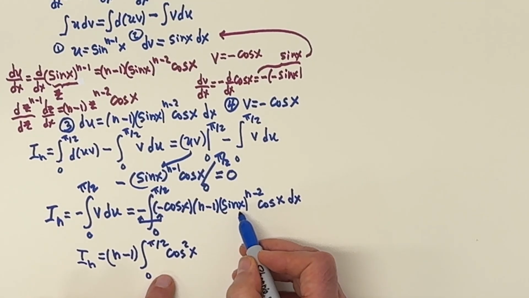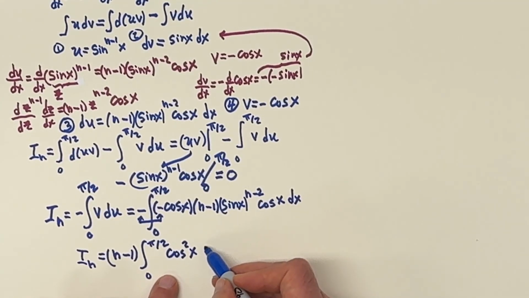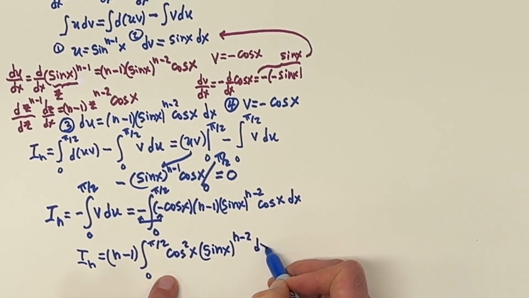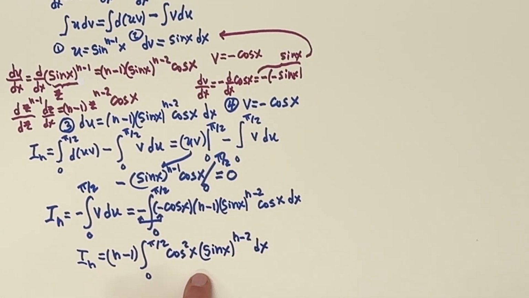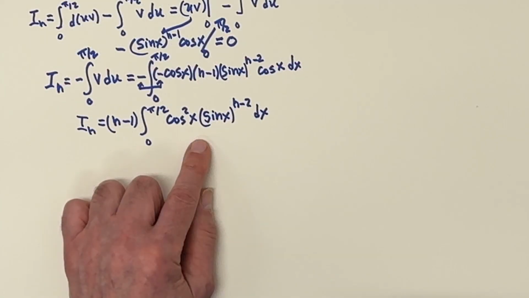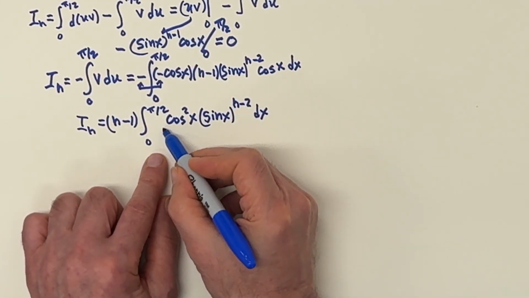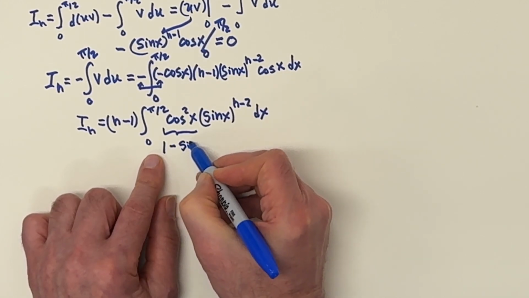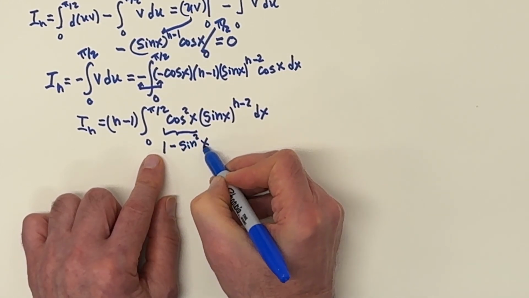And then we're going to have the sine of x to the n minus 2 power. That still looks a little bit tricky to do here. Well, let's replace the cosine squared with 1 minus the sine squared of x.